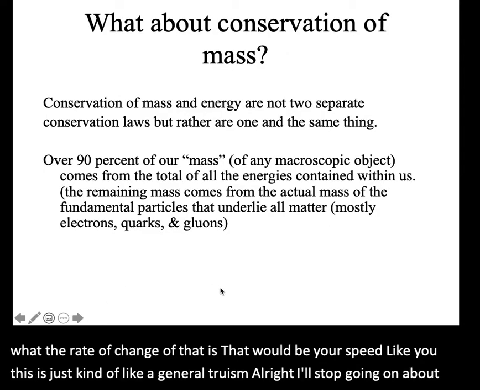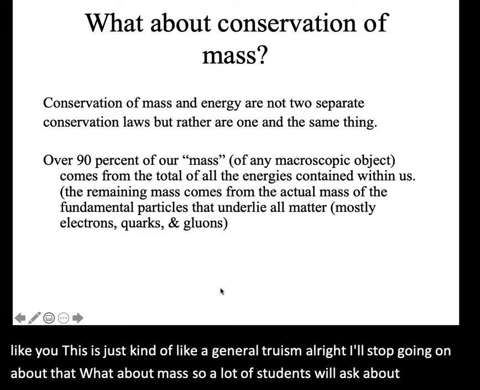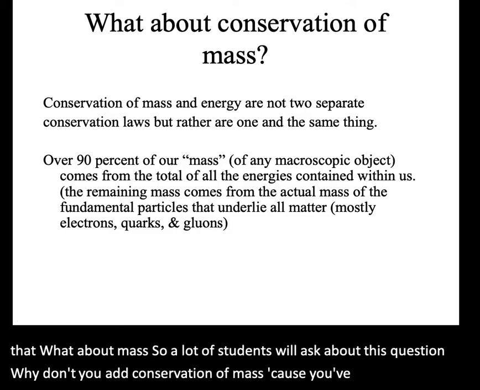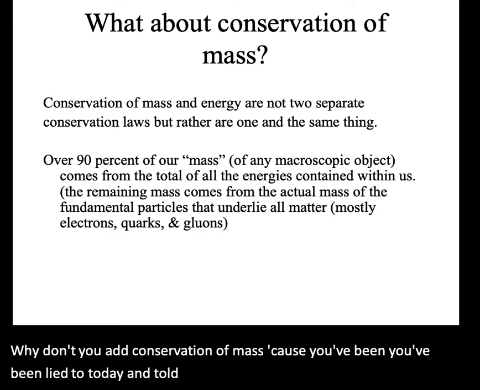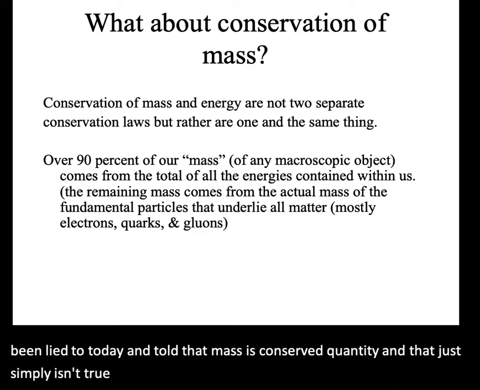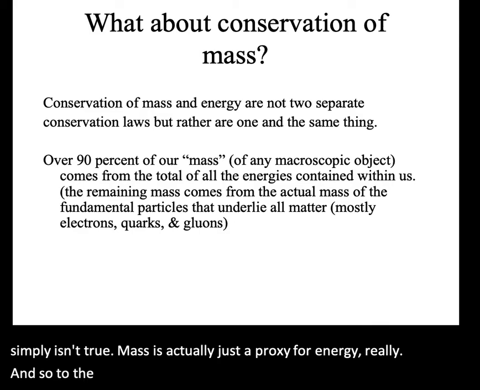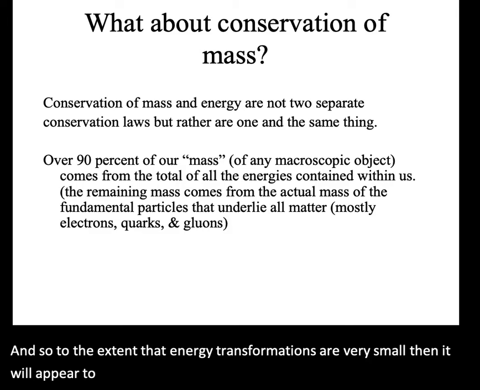What about mass? So a lot of students will ask about this question. Why don't you add conservation of mass? Because you've been lied to date and told that mass is a conserved quantity, and that just simply isn't true. Okay, mass is actually just a proxy for energy, really. And so to the extent that energy transformations are very small, then it will appear to us that the mass is relatively unchanged.